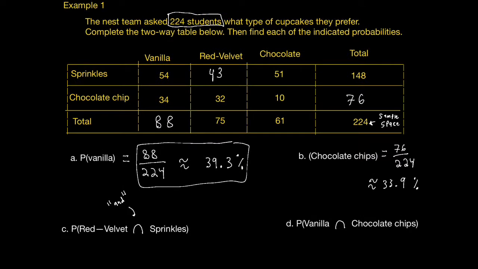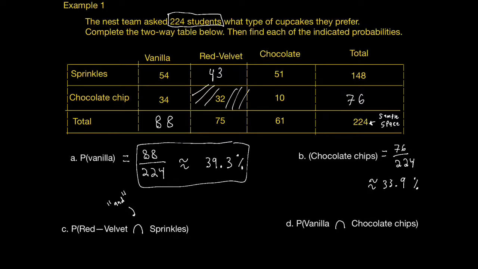On a two-way table, each box here represents two things. For example, let's zoom in on this 32 right here. This 32 represents the number of students that like red velvet and chocolate chip.